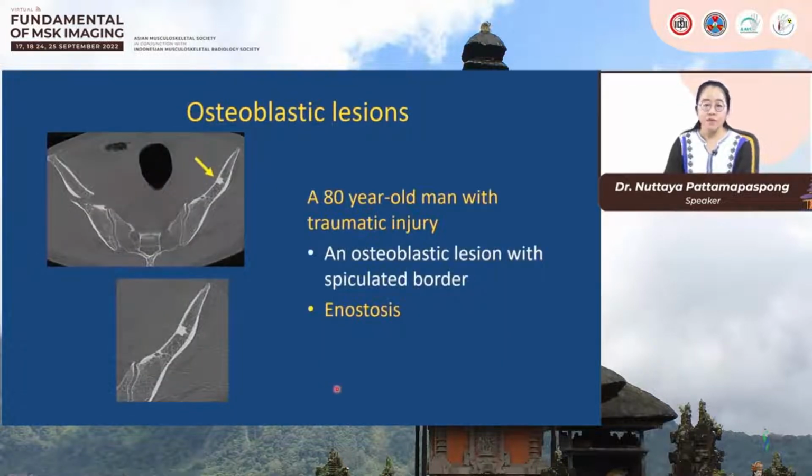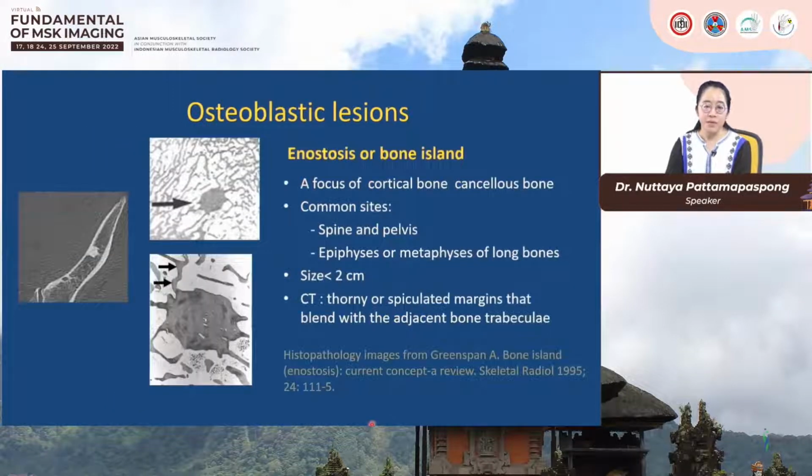We move forward to osteoblastic lesion, and this is example of typical enostosis that has dense osteoblastic lesion within the pelvic bone with spiculated border. And spiculated border is from the blending between the border of lesion and surrounding trabecular bone that will present as a thorny border within bone trabecula.